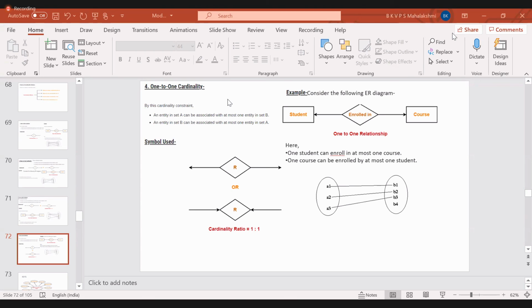So I hope everybody is clear with the concepts. So in the lab, I'll make the students into groups by making them into rooms.